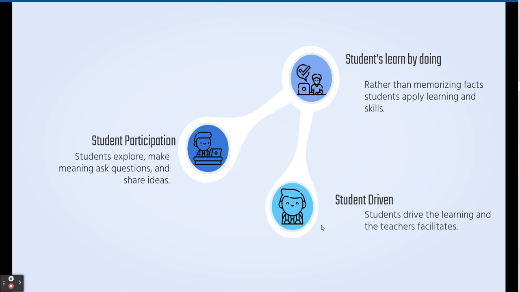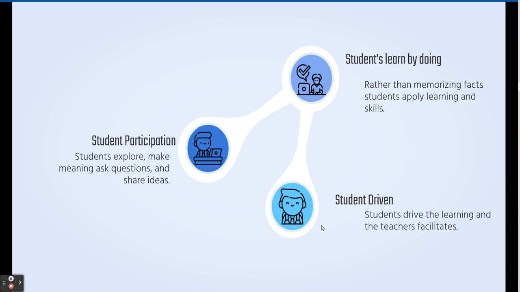So I would say that one of the most important things about working with this idea of inquiry is, instead of focusing on content, start thinking about what skill you want your students to learn, and how the content can be a part of that skill learning piece. Which is where the learn by doing piece comes in, right? They're applying that learning, or that skill, to a new situation or an authentic situation.